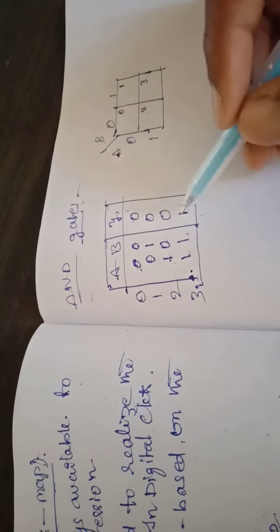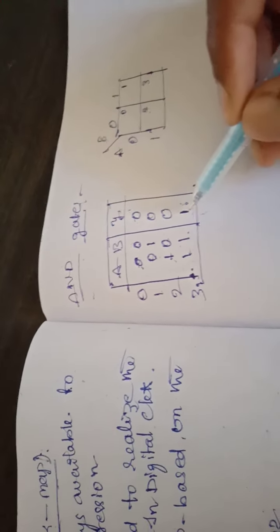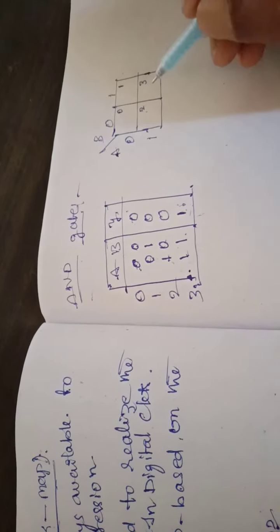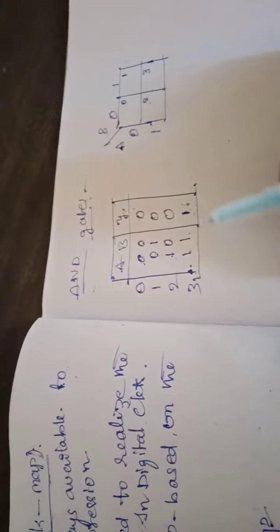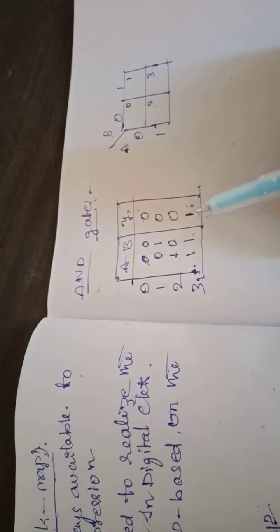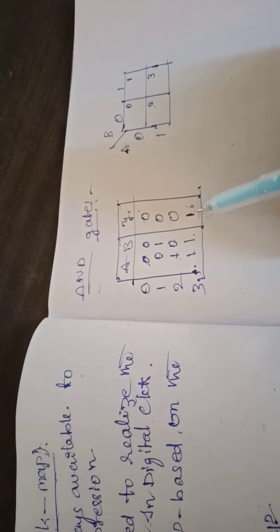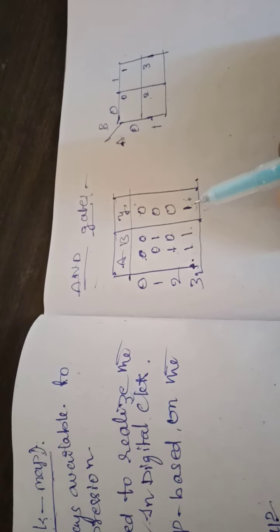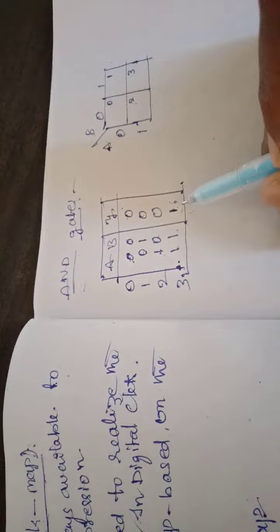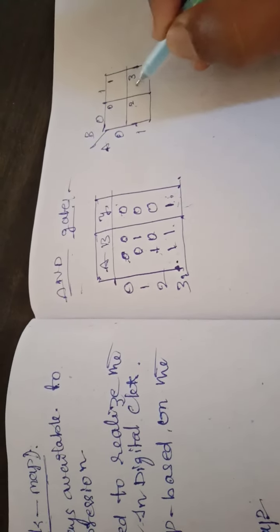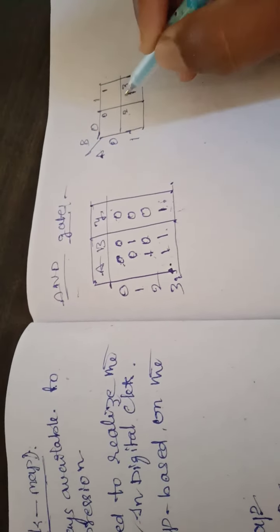Four, right? 2 power 2 means four possible combinations. So we know that this is A, B, this is 0 0, 0 1, 1 0, 1 1. These are the possible combinations when you are taking the two variable, right?